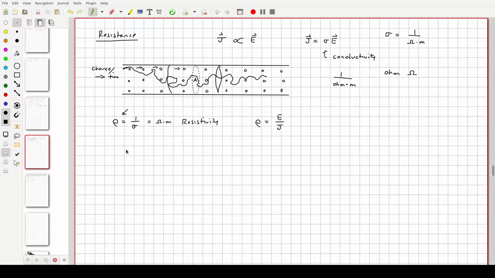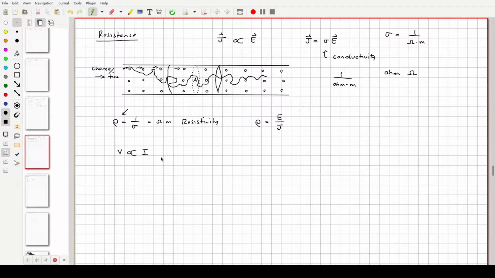It may not be surprising that if there's a relationship between current density and the electric field, since work and potential energy are related to the forces doing it, then electric potential, which I'm going to call V, would also be related to how much current you can move through.